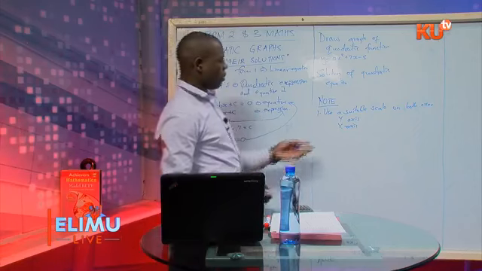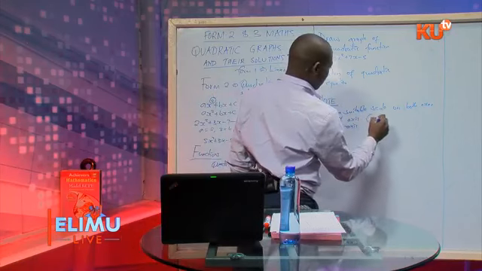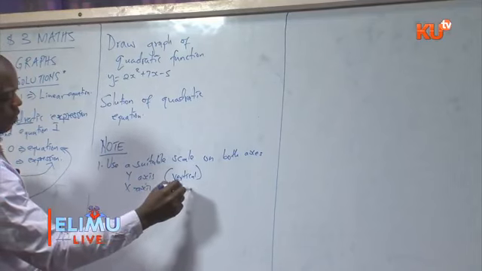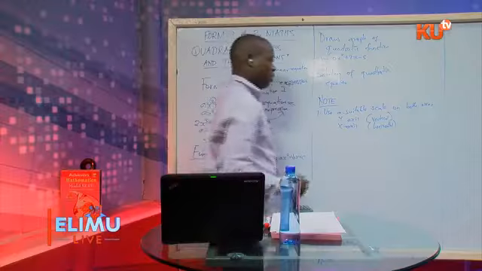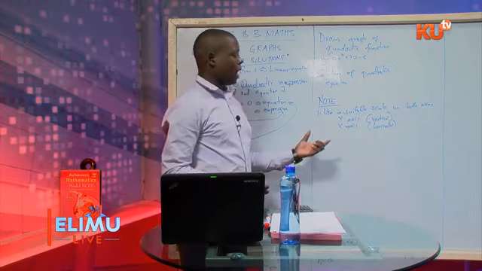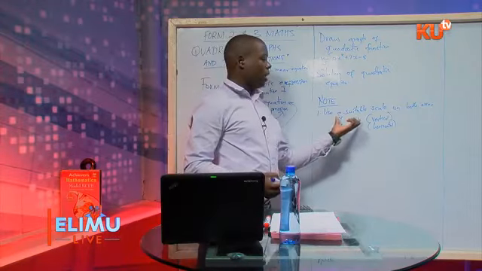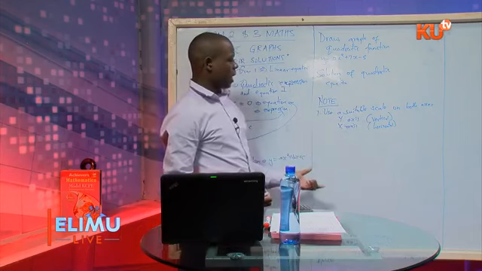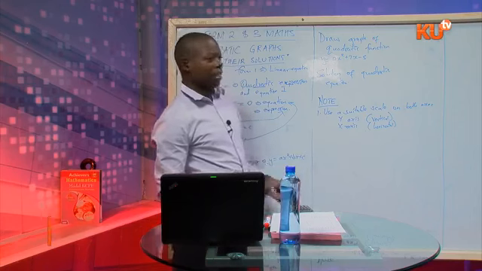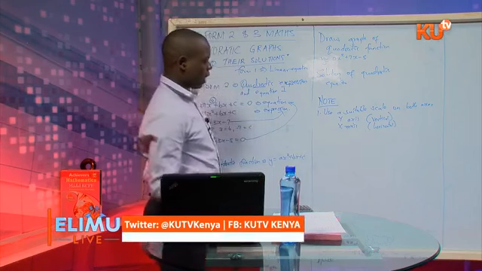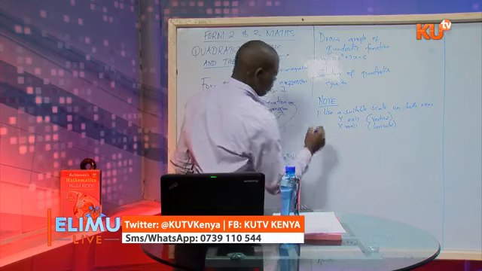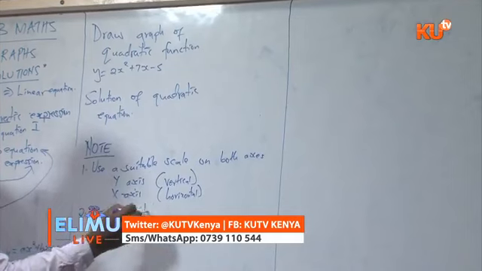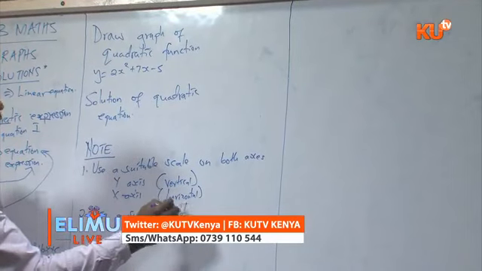I believe we are aware that the y-axis is the vertical axis and the x-axis is the horizontal axis. The scale has to be suitable above or below the x-axis, and again on the x-axis to the left or to the right of the y-axis. Then number two, you must use a suitable table of values.